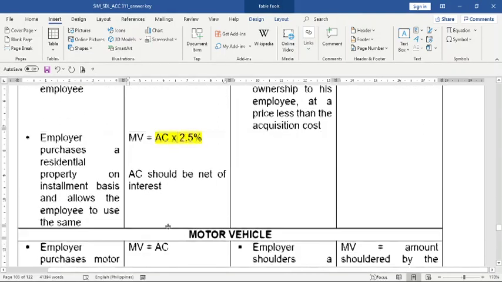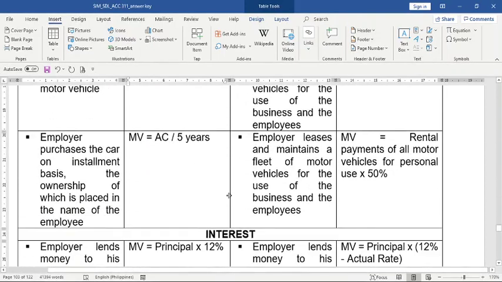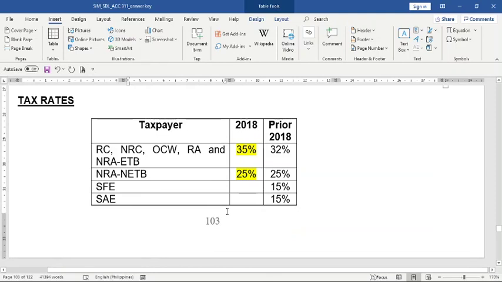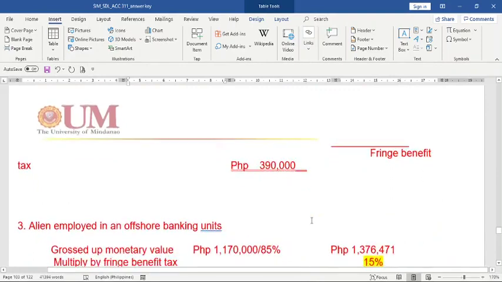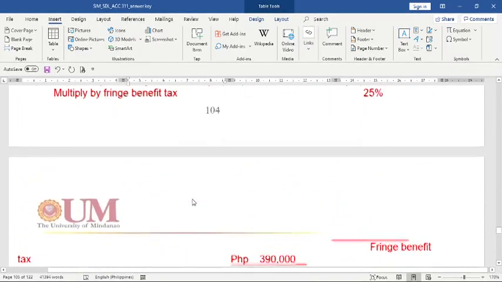Okay? And then for motor vehicle also, and also the interest and also our tax rate. So, I hope you will recompute again our illustrations, no? We have several illustrations here. Just use another numbers, no?